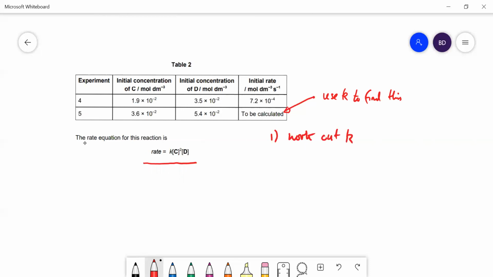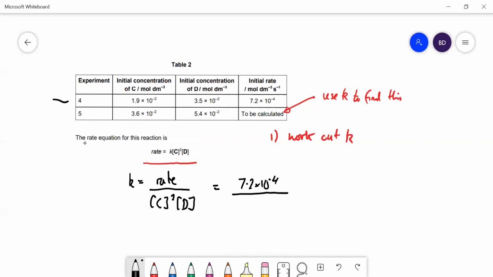Okay, so they're changing the concentrations of C, changing the concentrations of D. So let's rearrange that to get K. So K is equal to rate over C squared times D. So using the experiment 4 line, we'll put those numbers in there. So it's 7.2 times 10 to the minus 4 over 1.9 times 10 to the minus 2 squared, multiplied by 3.5 times 10 to the minus 2.